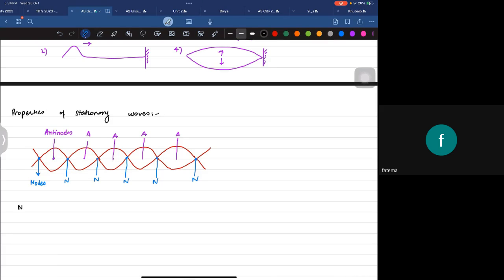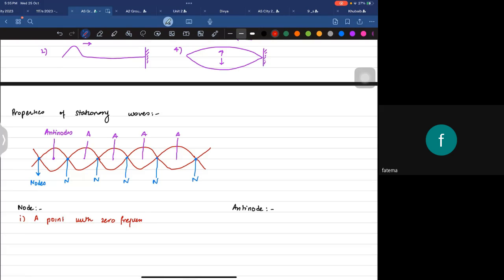We also need to understand what exactly a node and an antinode are. A node is a point with zero frequency.